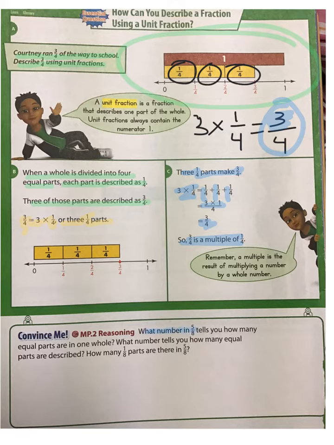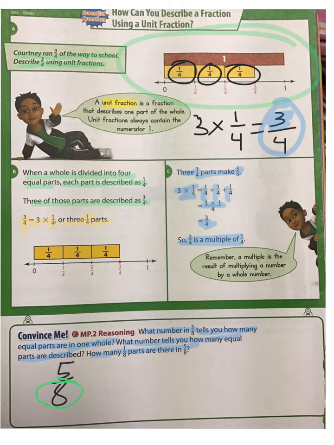What number is 5/8? And 5/8 tells you how many equal parts are in a whole. What number tells you how many equal parts are described? How many 1/8 parts are in 5/8? Well, if we look at the number 5/8, our denominator, or our bottom number, will tell us how many are in the whole.